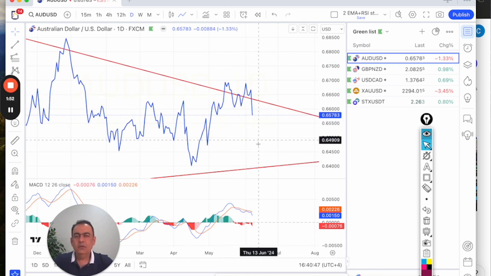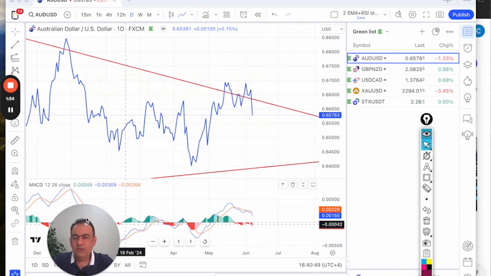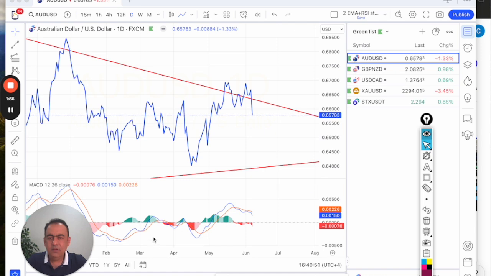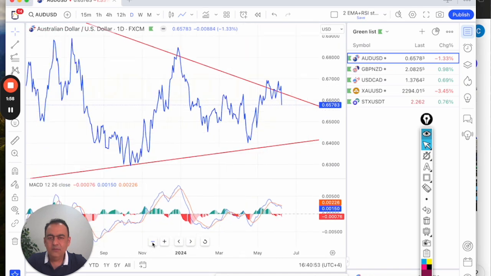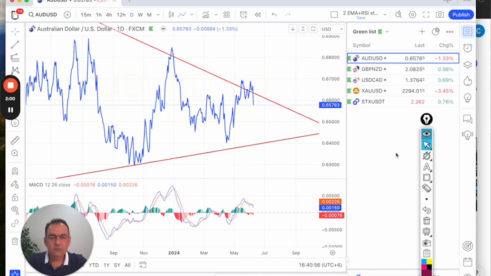Now based on the daily time frame, if you notice, we had bullish divergence at the lower end of the triangle. Now I'm talking about the lower low formation coming with bullish divergence, and we got the breakout structure.